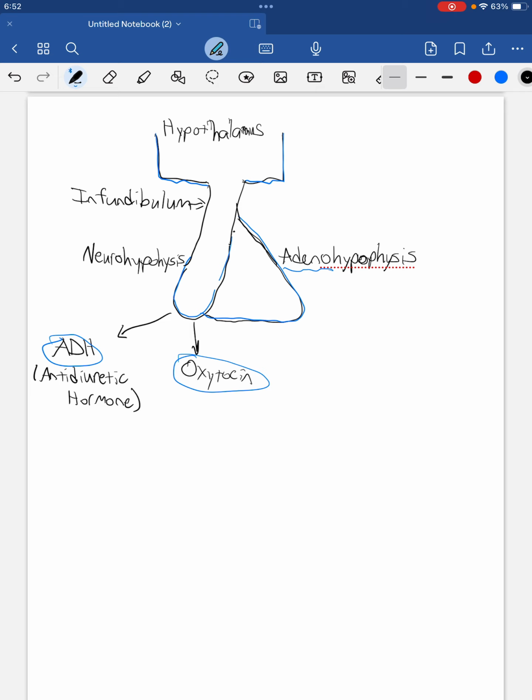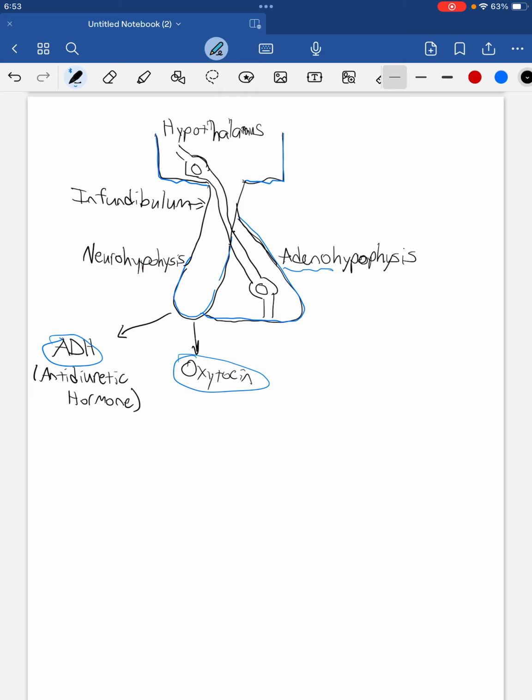So capillaries are very small blood vessels. Here we have our capillary. I'm going to open it up here. It's going to go down and then exit.